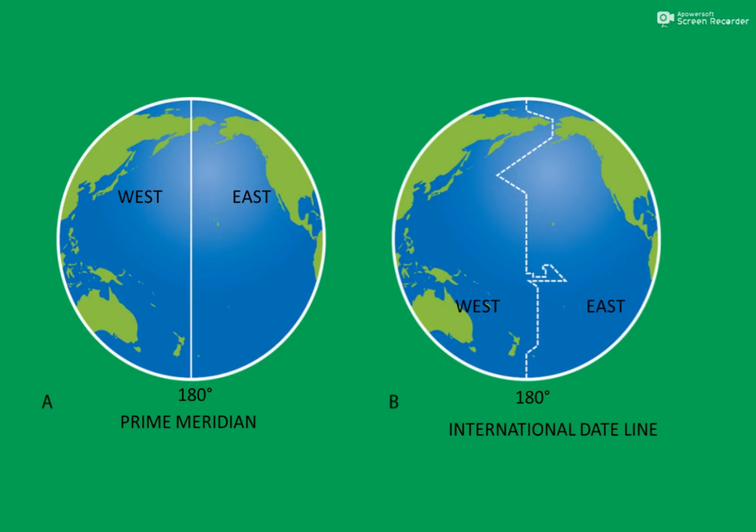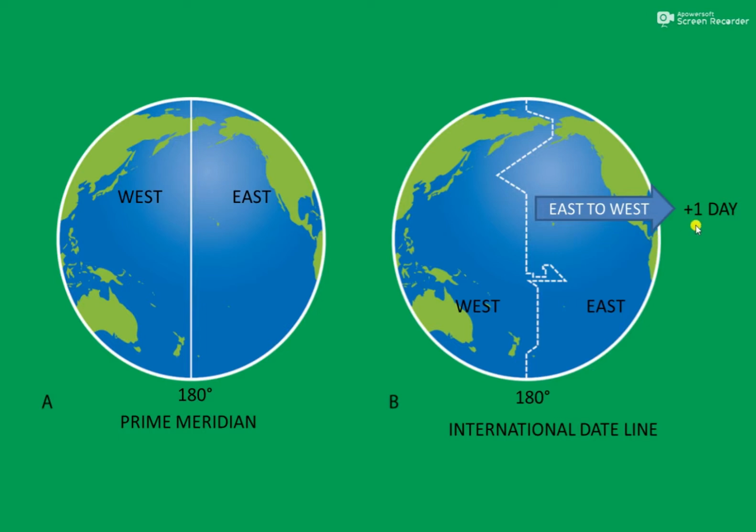Now as you all can see on your screen, on one side you can see the prime meridian, that is this, and on the other side you can see the international date line. Children, as I have already told you before, these lines that are drawn on the globe are just imaginary, for humans' convenience, okay? So, when we move from east to west of the international date line, we gain a day. That means plus 1 day.